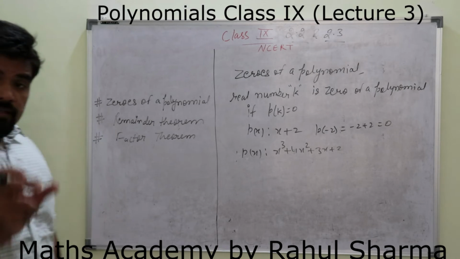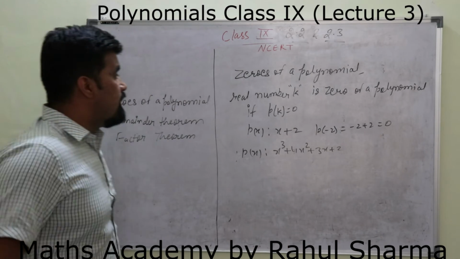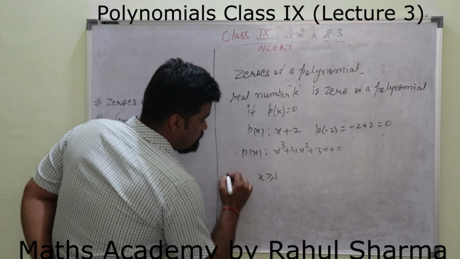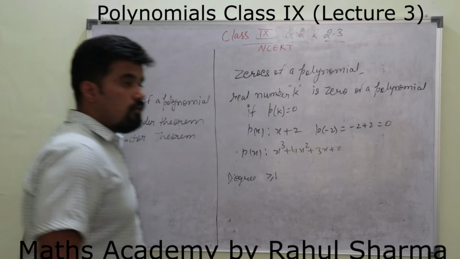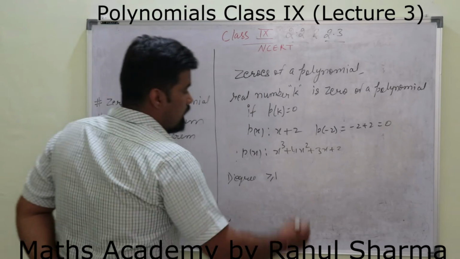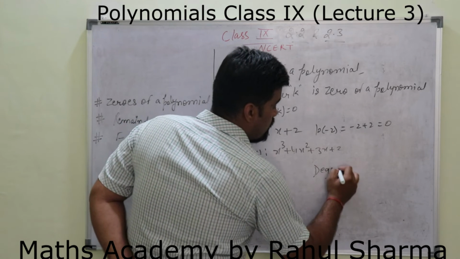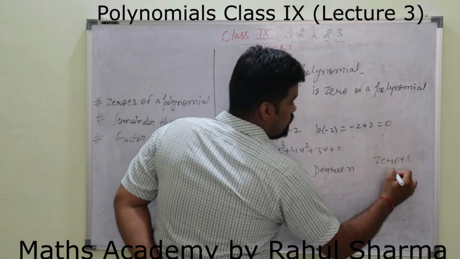So the idea after all these examples is that any polynomial whose degree is greater than or equal to 1 has the same number of zeros as its degree. Means if the degree of that polynomial is n, then the number of zeros will also be n.